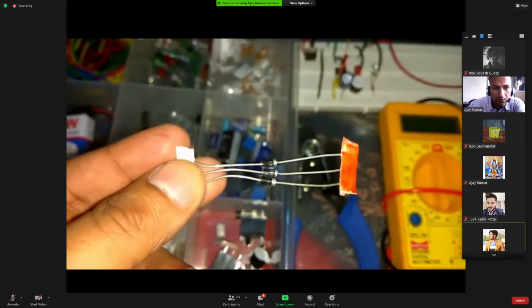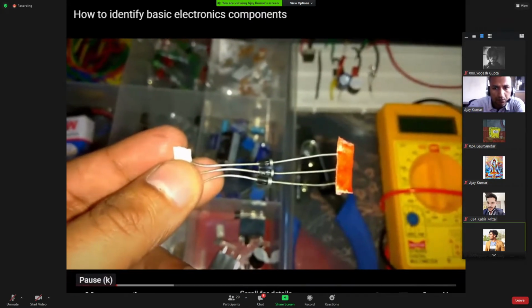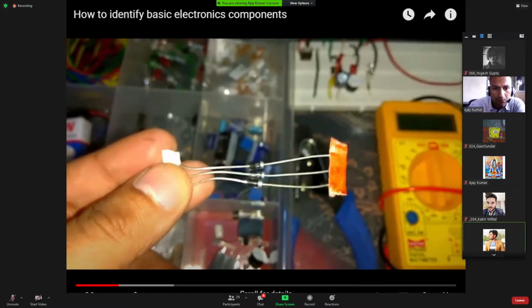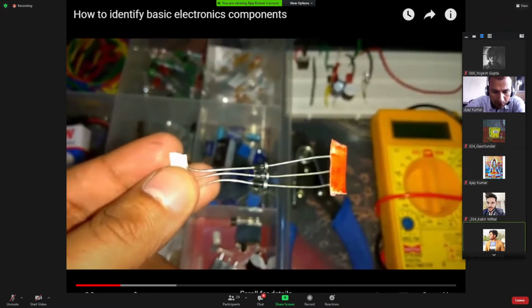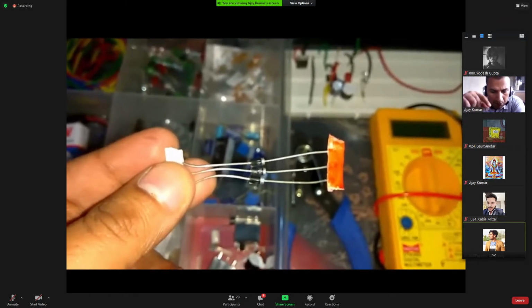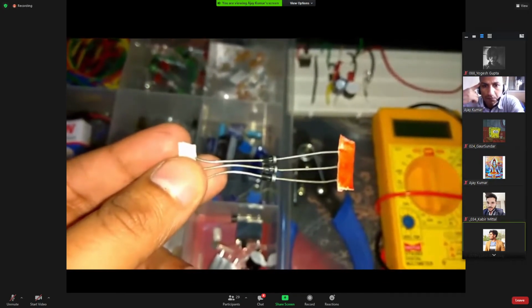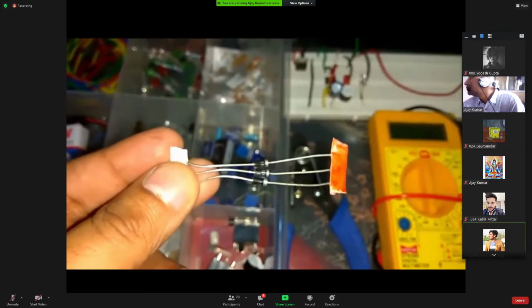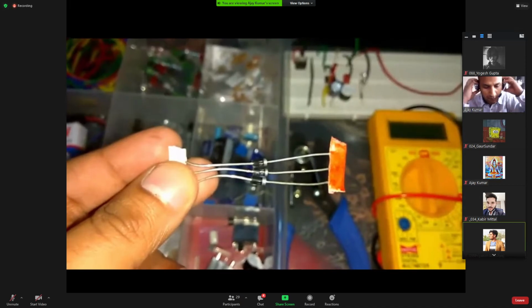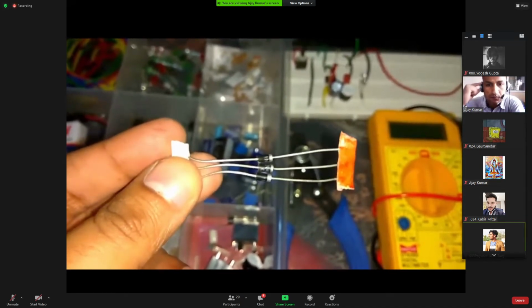As we see, there are two colors, black and silver, which identify the polarities, meaning one is P and one is N. So the black one is P type, and the silver one is N type, meaning anode and cathode.